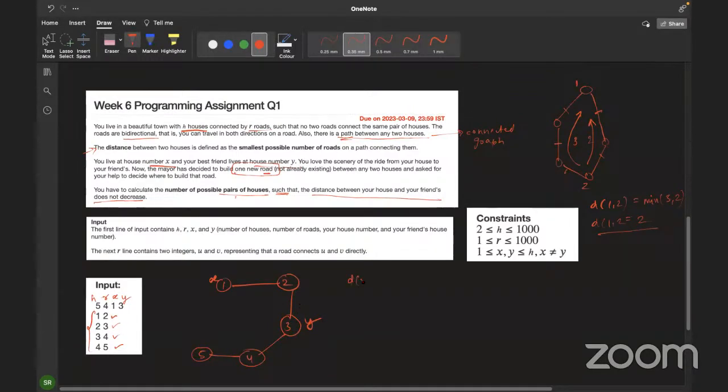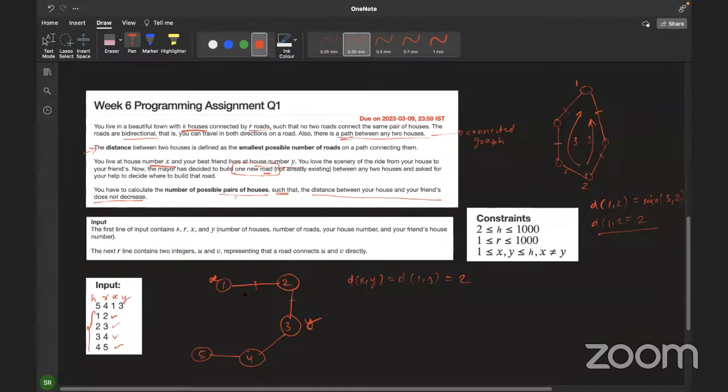So earlier, the distance between X and Y, that is between 1 and 3, there is only one path. The distance is the number of roads: 1, 2, so 2. Now, you have to build a new road such that the distance does not become less than 2. It can be 2, but it shouldn't be less than 2.